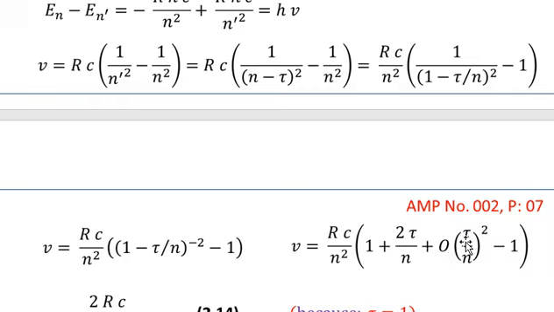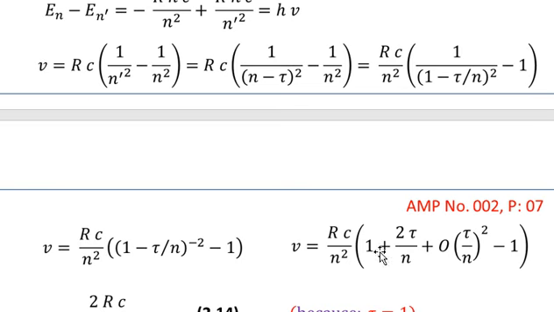So we are ignoring these terms. We are keeping only the first two terms in the binomial series expansion of 1 minus tau over n whole raised to power minus 2, because the other terms are negligibly small.